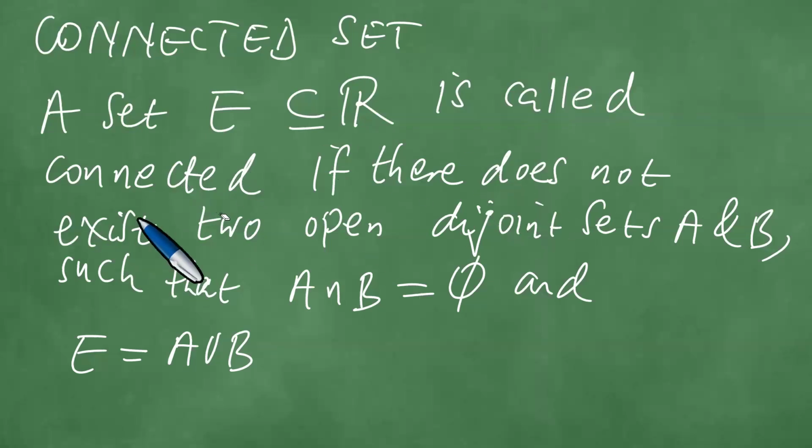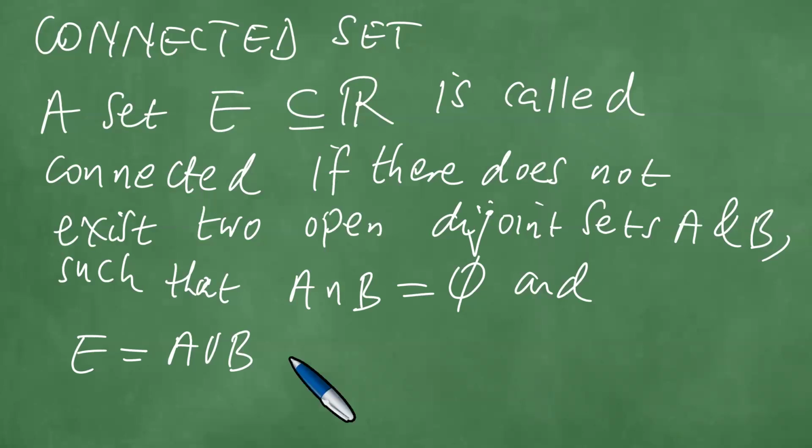So this set is called connected if there does not exist two open disjoint sets A and B such that their intersection is empty. You can't find sets that are disjoint, because the word disjoint means they have no intersection, and this set is the union of such sets. So the set is called connected if you can't have this. That is the point, so take note of that.